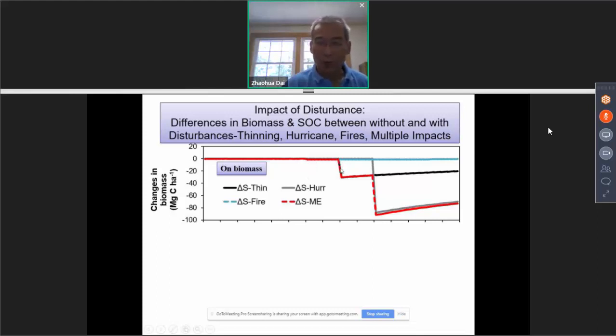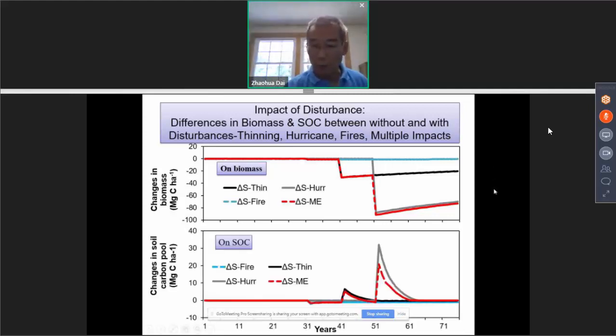So this is the cut, and how many percent of the trees are cut, and so the biomass becomes lower. After the cut, from this point it increases and recovers. Based on this, it's almost 10 years and it can recover, or maybe 20 years to here it can recover.